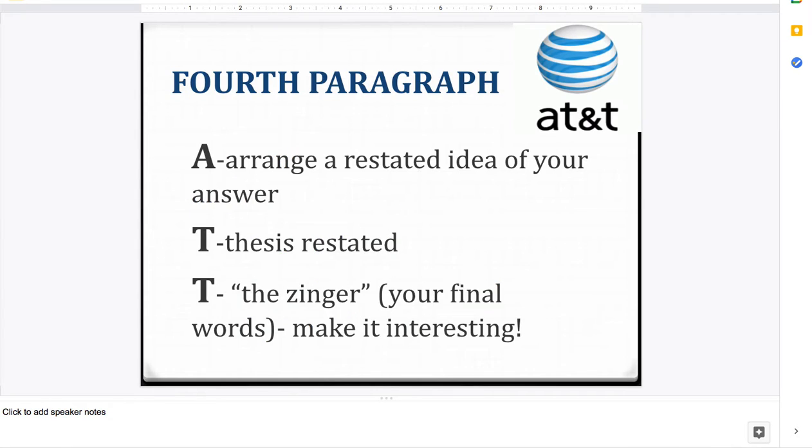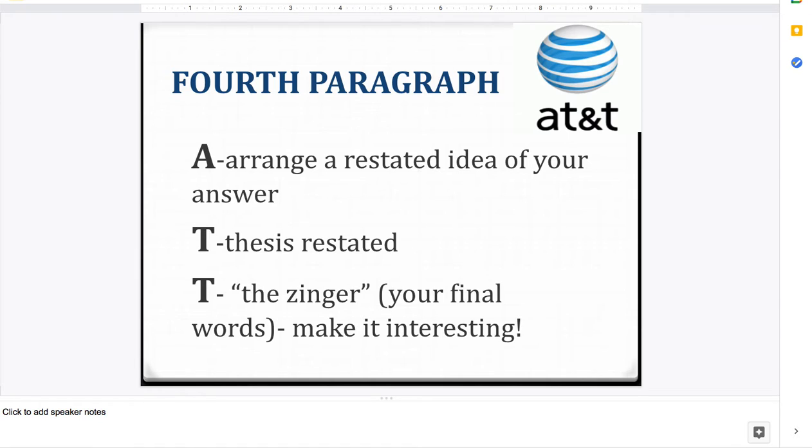And then last but not least, we have our 4th paragraph. We think of the acronym AT&T. We know, as I mentioned with the hamburger bun, right? The introduction paragraph and the conclusion paragraph, or paragraph 4, are very similar, but you want to rearrange your ideas in different words. You don't want to sound repetitive, right?